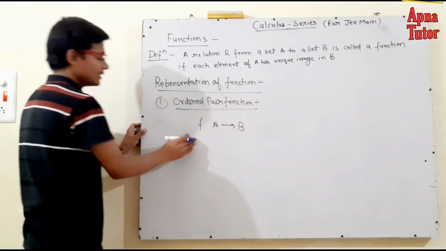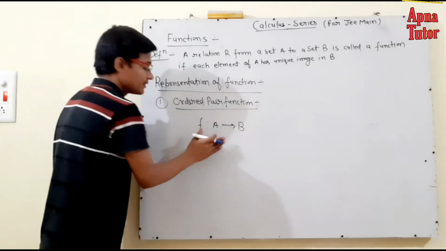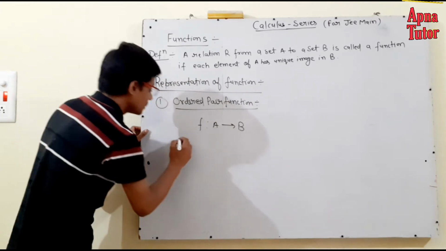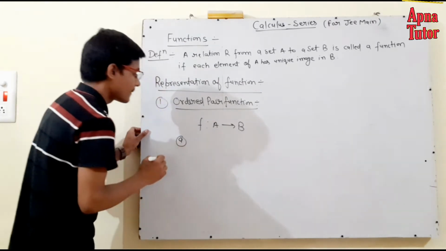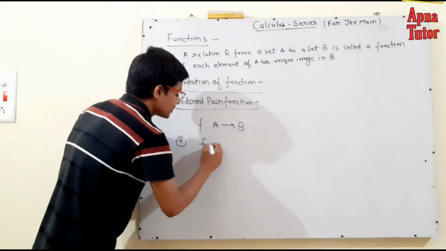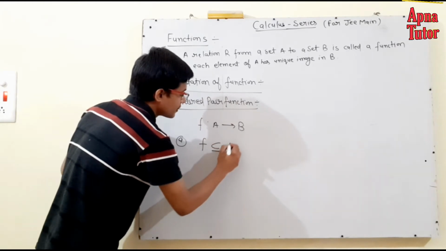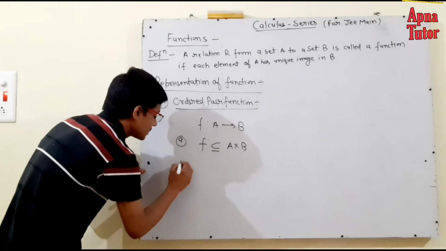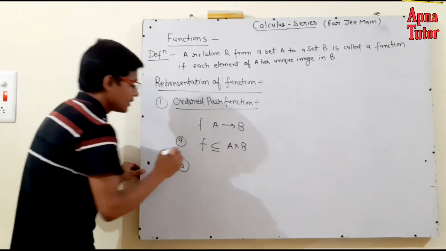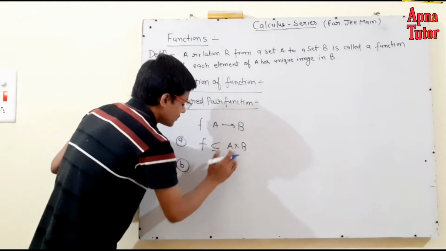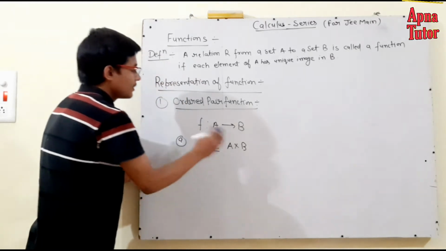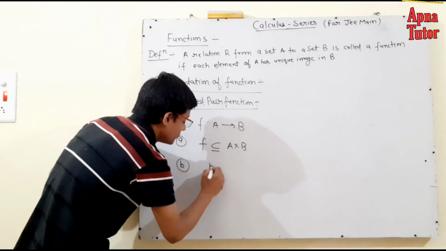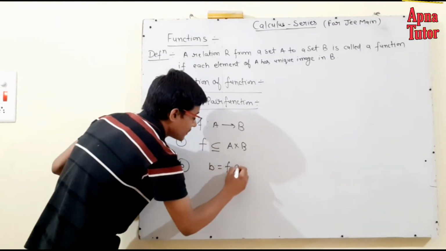It satisfies three conditions. What are the conditions? First, your function must be a subset of the Cartesian product of set A and set B. And second, b equals f of a.